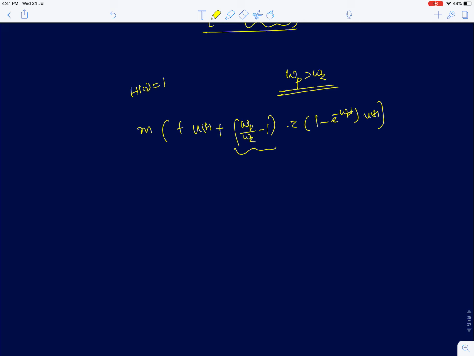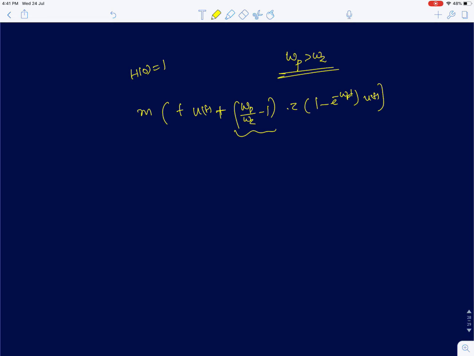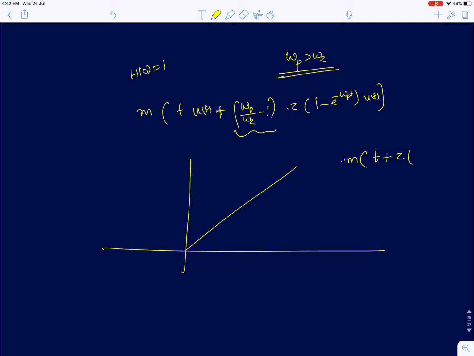Yeah, so you can write this expression like this. Now to plot this expression, first we'll plot the input, and if you look at this in the steady state, this reduces to m into (t plus tau into (omega p by omega z minus 1)). Okay, it's like an advancing system.